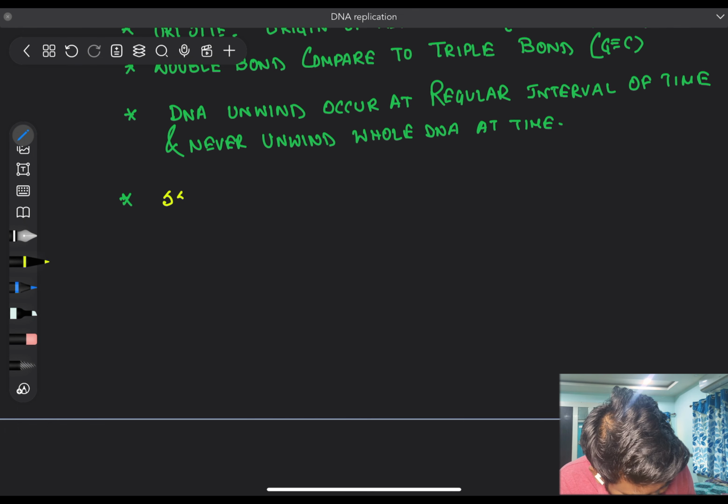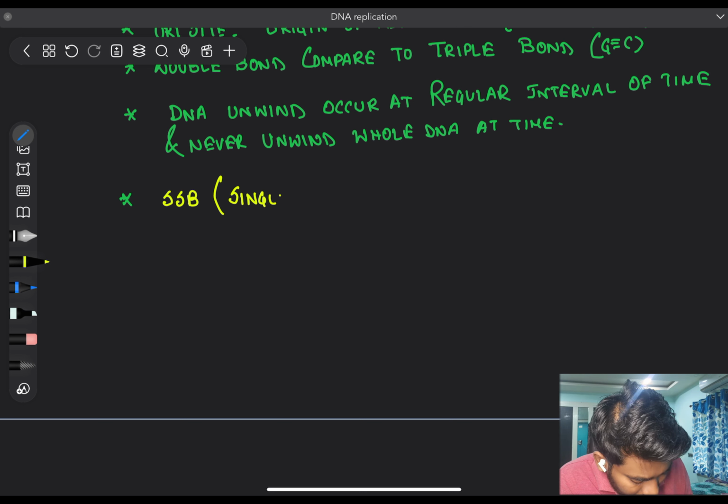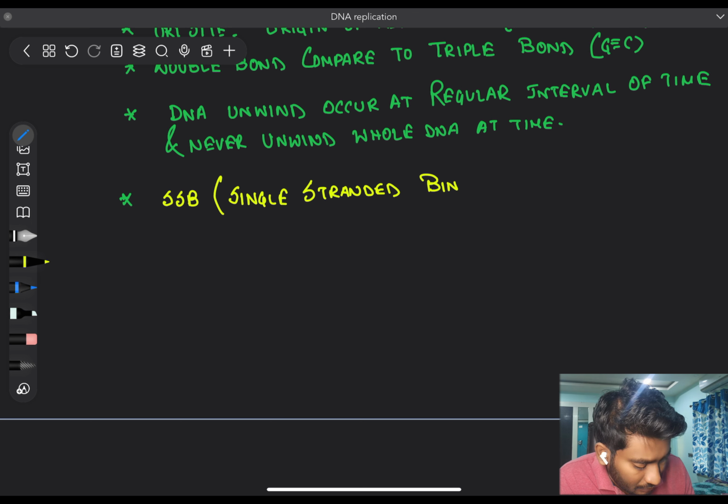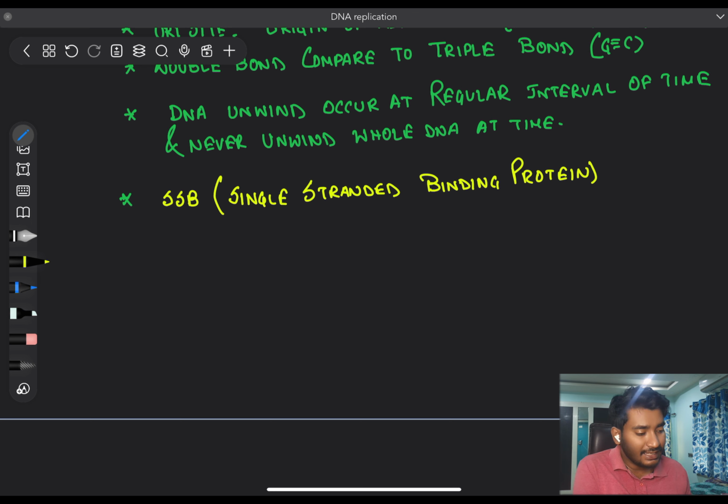The next one is the SSB. SSB means single stranded binding protein. The single stranded binding protein prevents the renaturation of the DNA.